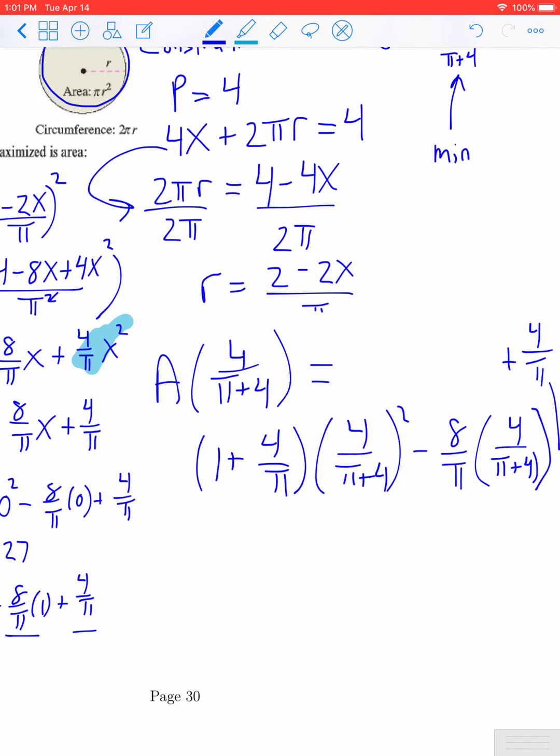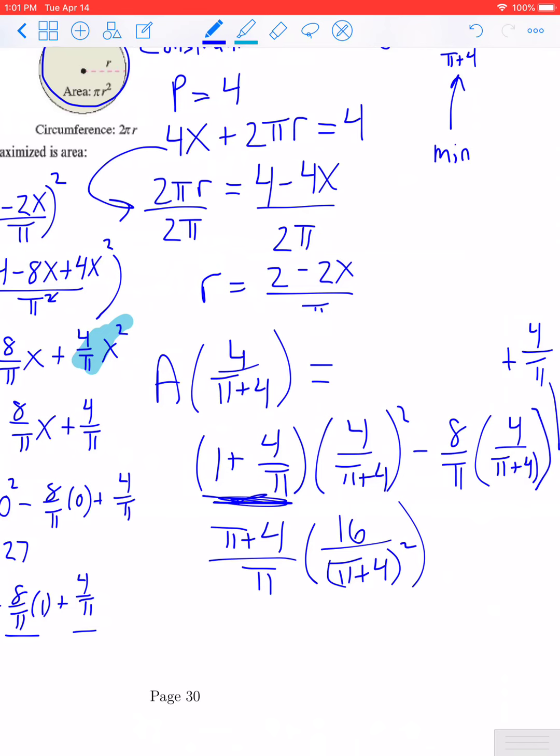If we work this out, one of the things we can do that might be a little bit helpful, instead of purely throwing it into the calculator, if you want to do this by hand, notice that this will simplify a little bit. This thing here, if you get a common denominator, would be pi plus 4 over pi, and this term here, when we square it, is going to give us 16 over pi plus 4 squared. Then one of these factors will cancel with one of the things in the numerator.